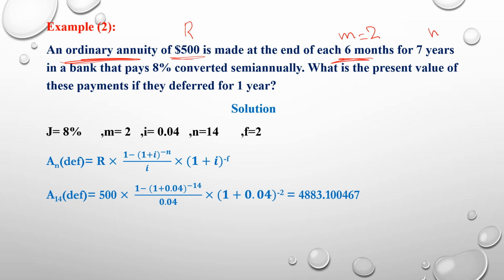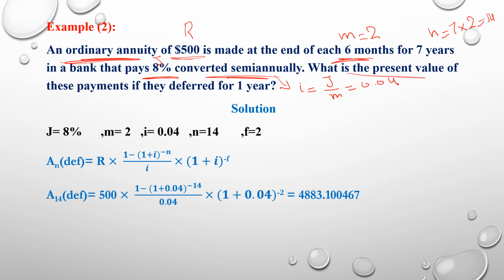So n would equal 7 years times 2, which is M, so n equals 14. So we will have 14 payments, each one equal to 500. And the bank pays 8%, and this percent is converted semi-annually. So this is J, and i equals J over M, and this equals 4%.